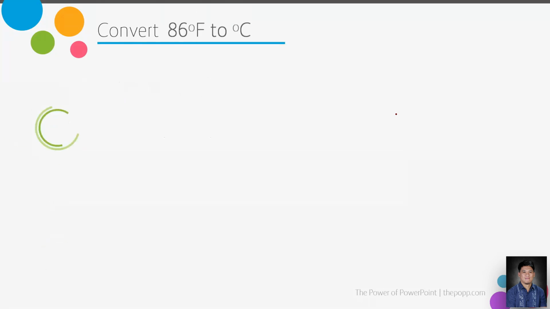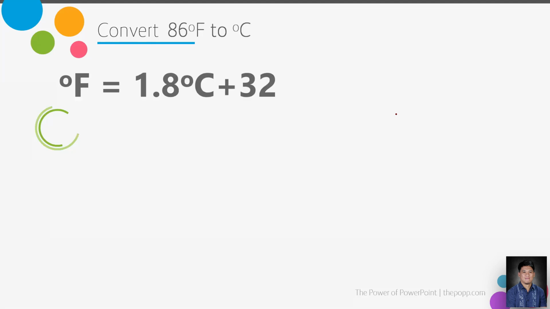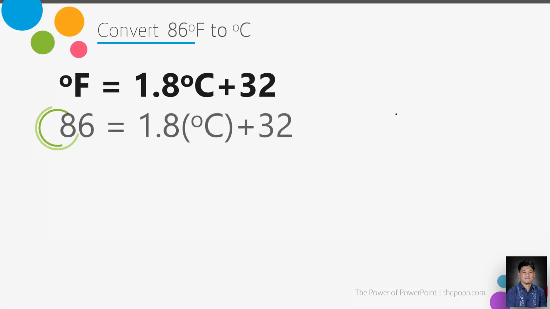Okay? So next, try naman natin convert from Fahrenheit to Celsius. So since Fahrenheit ang ating given, gagamitin natin the same equation. So substitute lang natin ang value ng Fahrenheit, which is 86, is equal to 1.8 times degree Celsius plus 32. Okay, so lipat natin si 32 from positive, magiging negative.